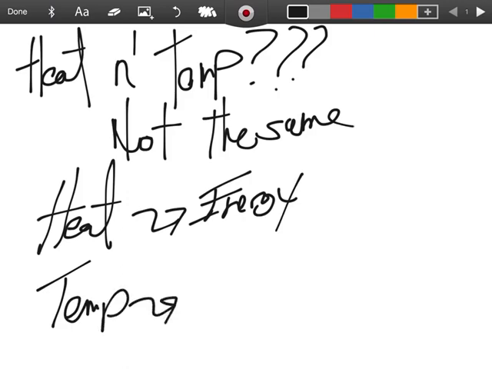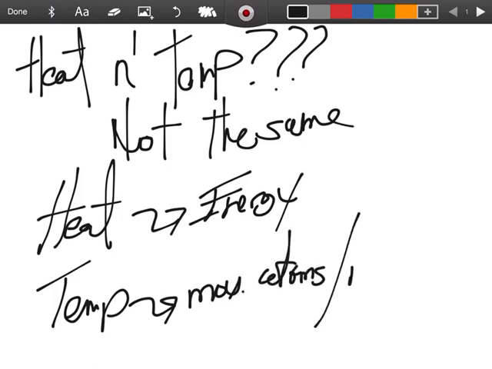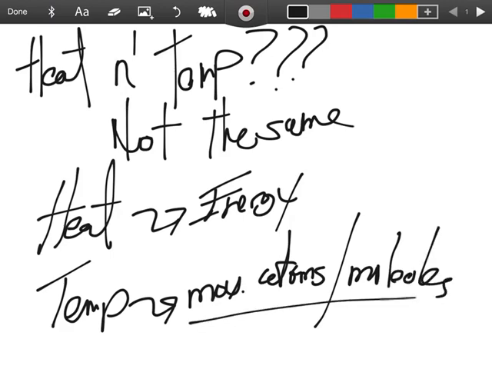Actually, it's the movement of atoms or molecules, right? And in order for you to move atoms or molecules, what you need is energy. Very well. So you can see that they are not the same, but the temperature definitely is dependent on the heat, okay?